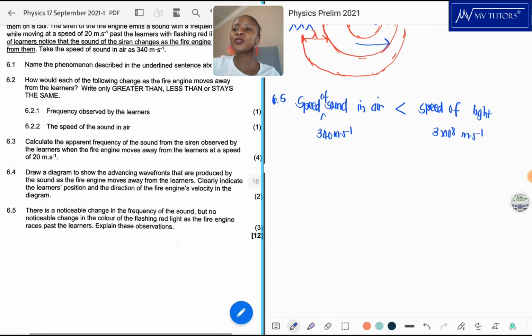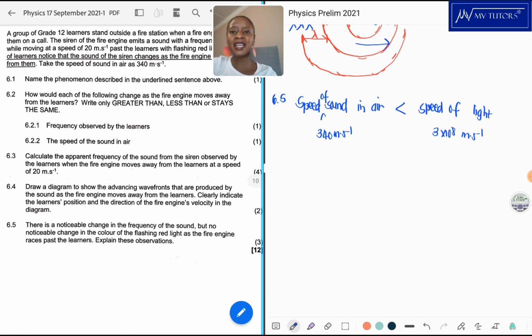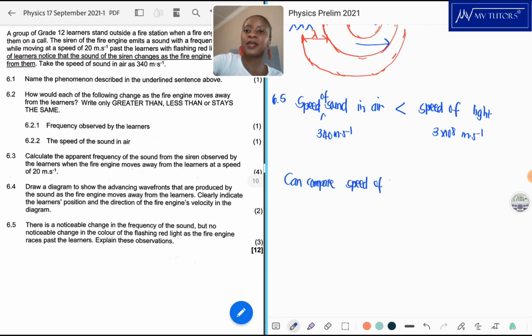So you can't really compare the two. The speed of sound in air and the speed of light are just incomparable. But you can compare the speed of sound in air and the speed of the moving fire engine.